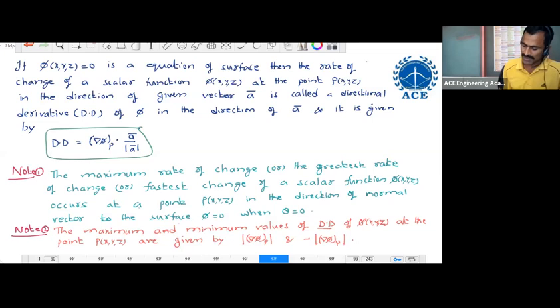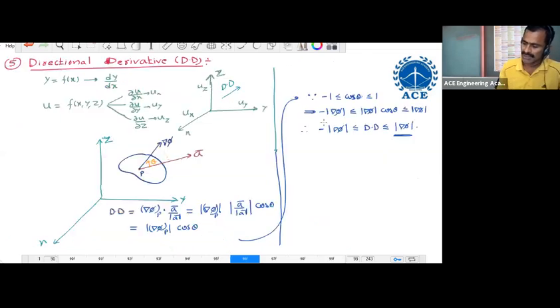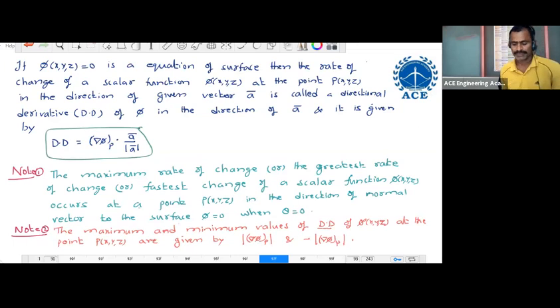From the previous page, this is the maximum value, this is the minimum value. We are writing the same thing here.